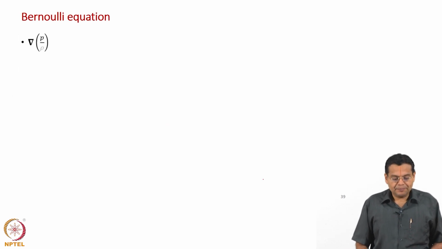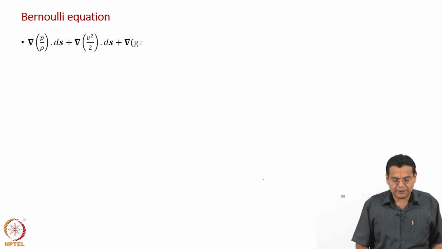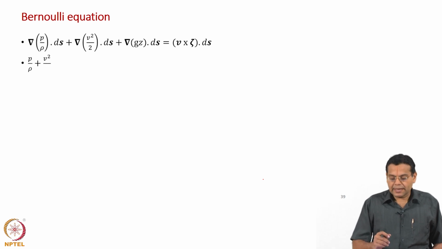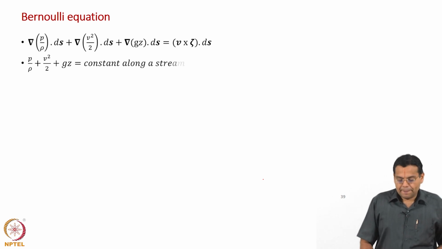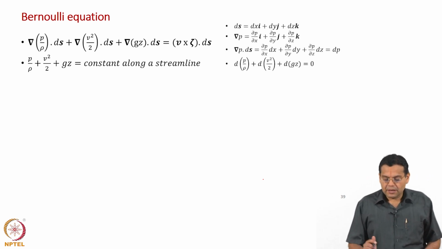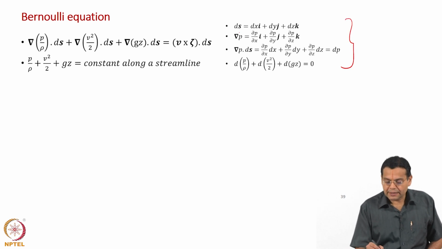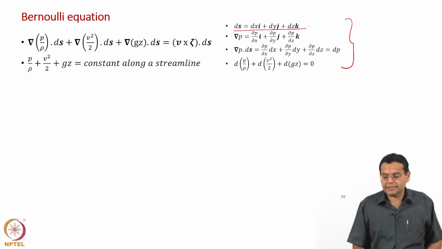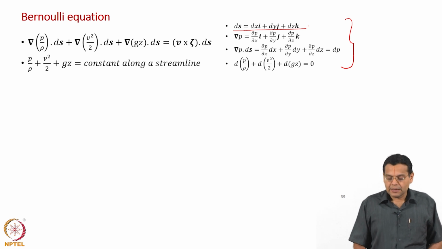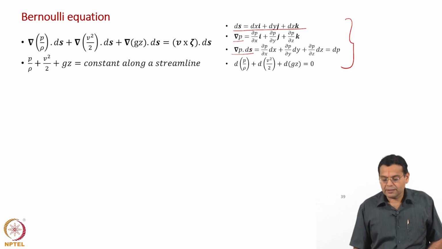Let us recall what we have done for this Bernoulli's equation, the last 2 steps. We took the dot product with the ds vector and the right hand side was 0. Then we had these steps where the ds vector was expressed in terms of dx i, dy j, dz k, and then we took the example of gradient of p, and saw the dot product was nothing but the total differential of p, dp.